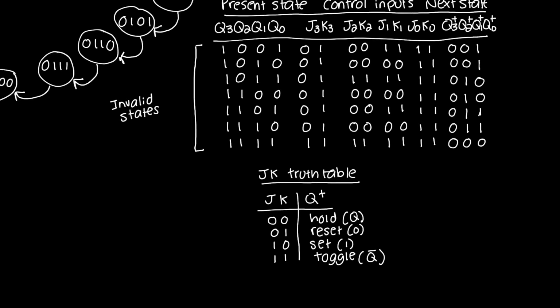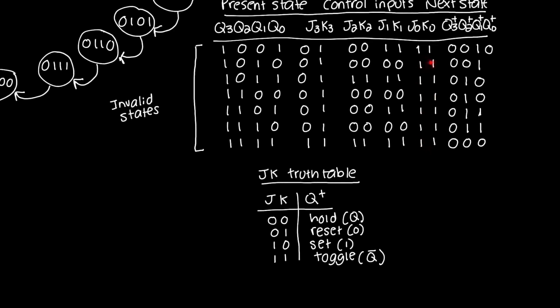Okay, so what's left? Just Q0. I look at J0 and K0, and I'm going to determine next state Q0. So in this case over here, I'm in the toggle condition, and Q0 is 1. I toggle that 1 to a 0. How about over here? Again, toggle. And actually, I could just look down.